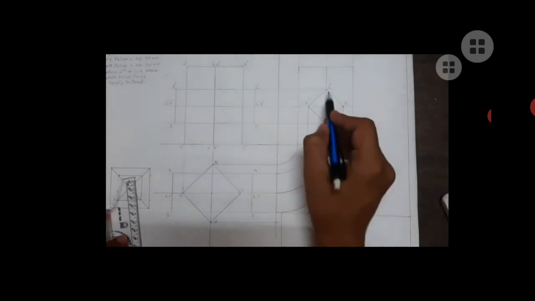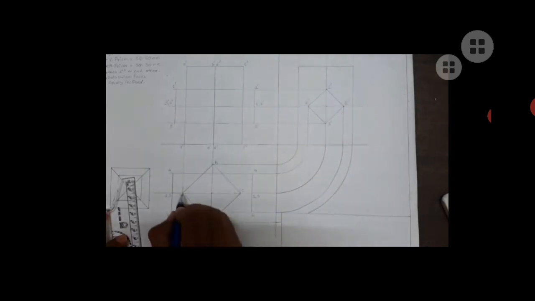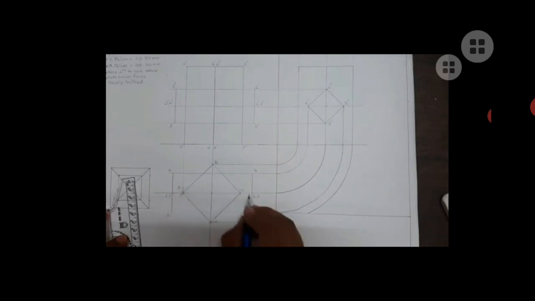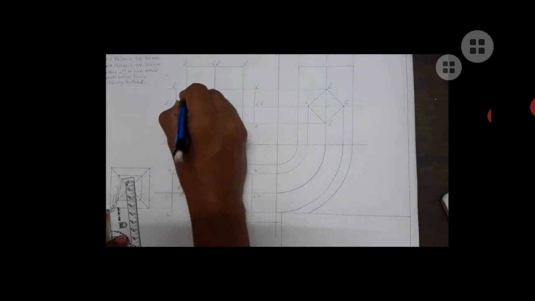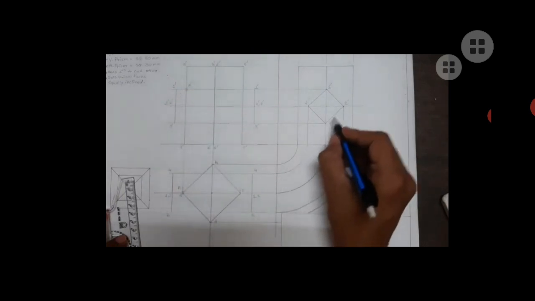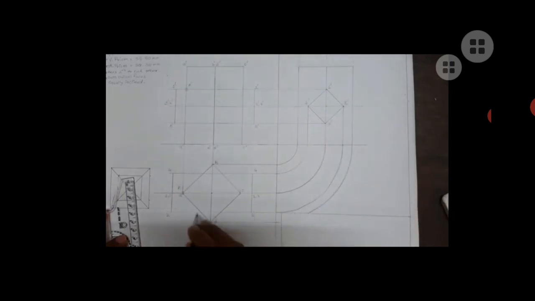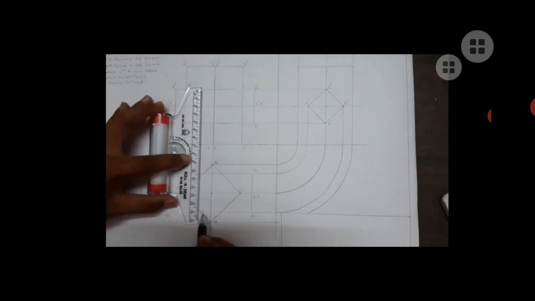So mark these points on this line and also mark this point on this line. So P1, P1. Similarly 2, P2. Mark these with the help of horizontal lines.